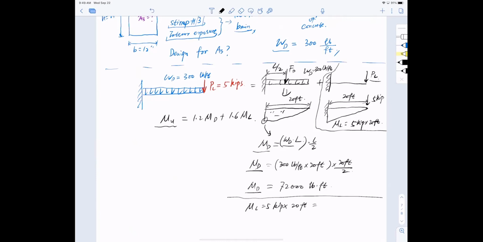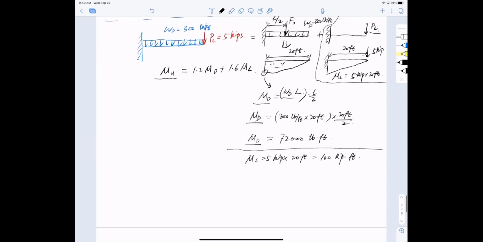I got 100, so actually it's 100 kip feet. All right. So the dead load is 72,000 pounds feet. So 72 kip foot.